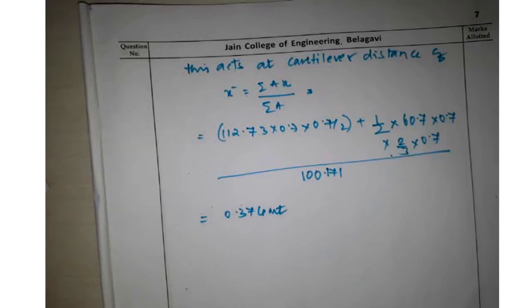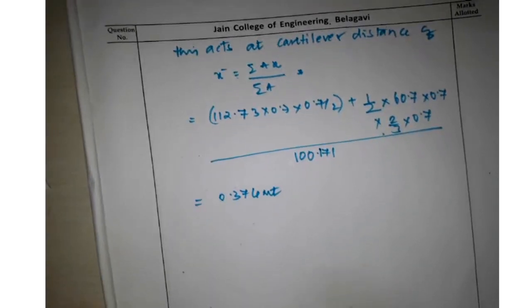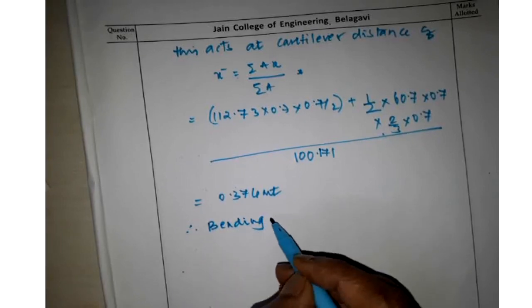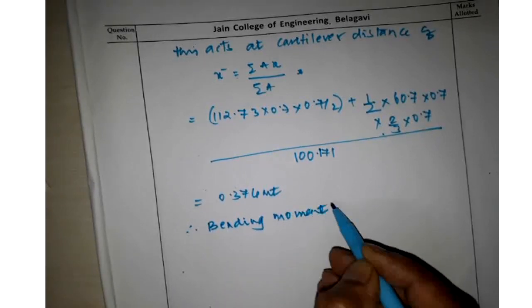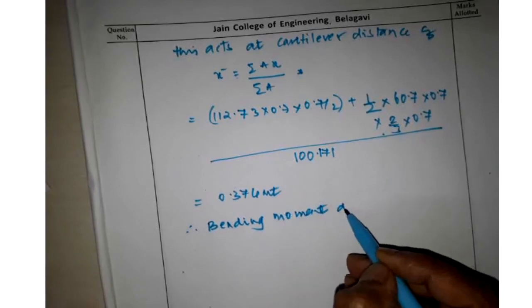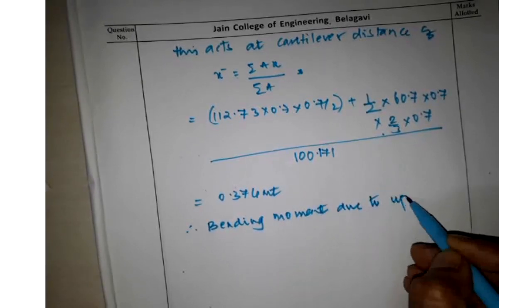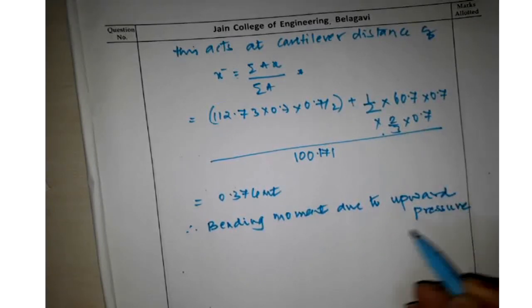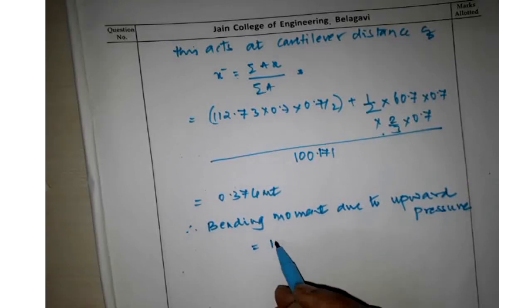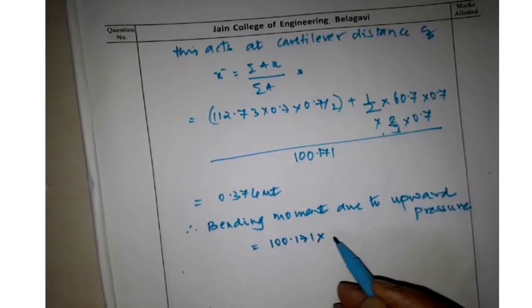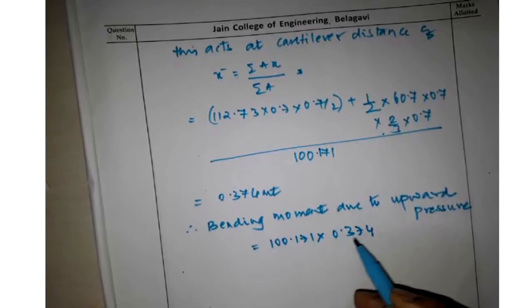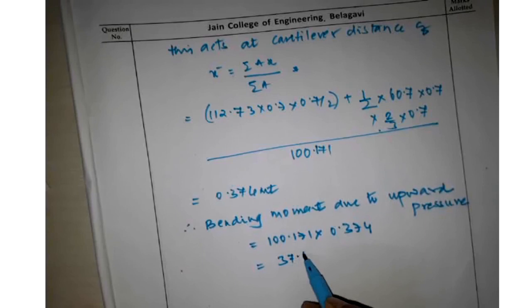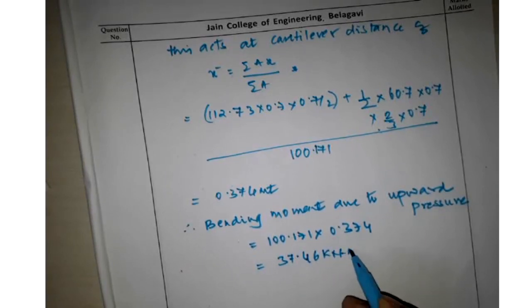Okay, so therefore bending moment, force into distance you have to multiply. Bending moment due to upward pressure, it will be 100.171 into 0.374, so it will be 37.46 kilonewton meter.